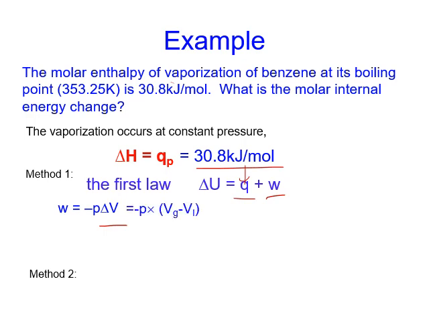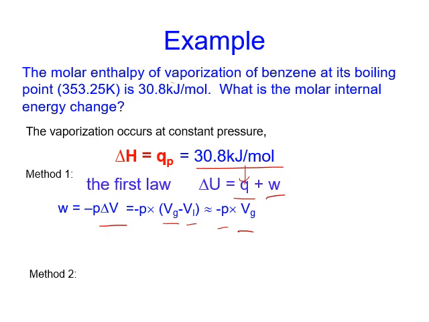But usually the volume of liquid is much, much smaller than the gas phase. Remember, one drop of liquid can become a very large volume of gas. So Vg is much greater than Vl, and therefore we can approximate just Vg. So it's just the pressure times the volume of the gas. Liquid is too small. Therefore, W is just negative pressure times volume of the gas.